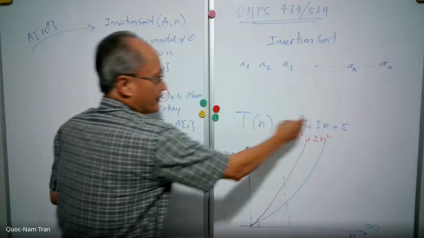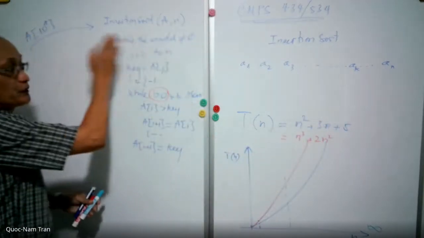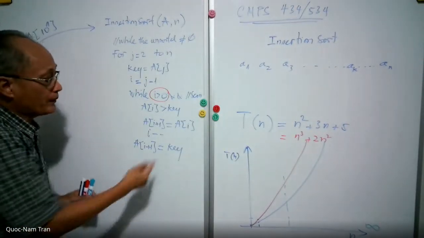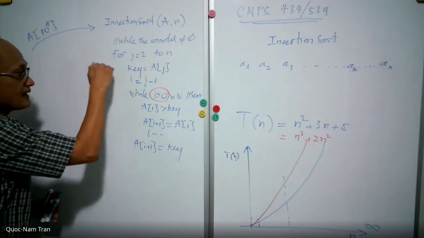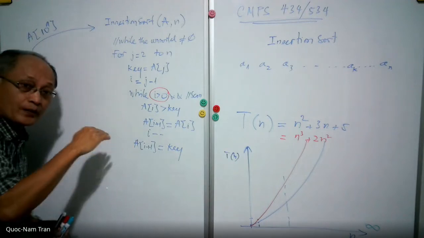How can we come up with this? That is what we will try to do. So we will count how many steps each of these statements will take.